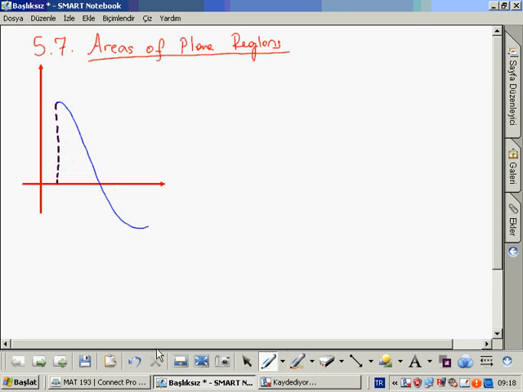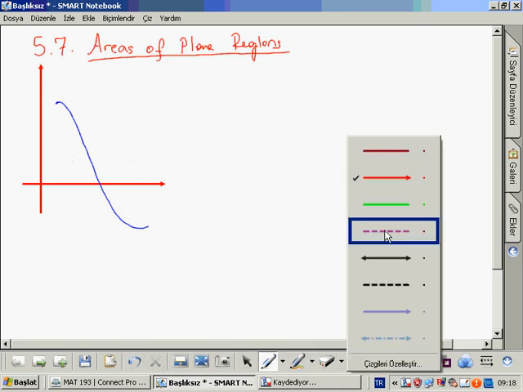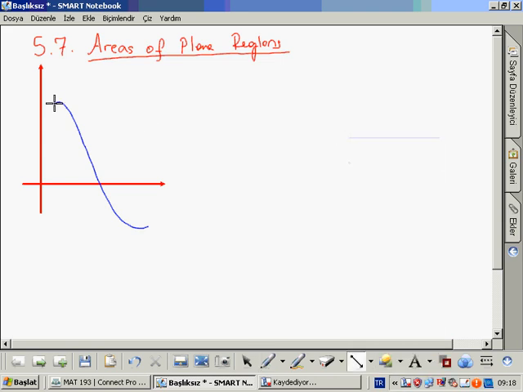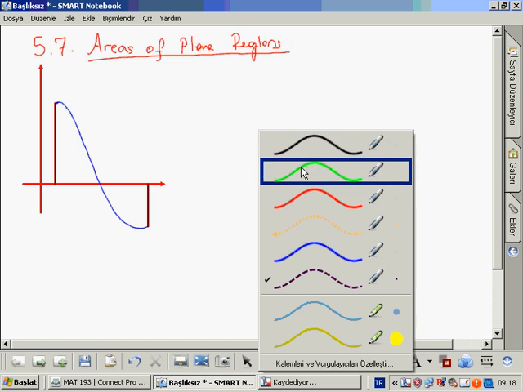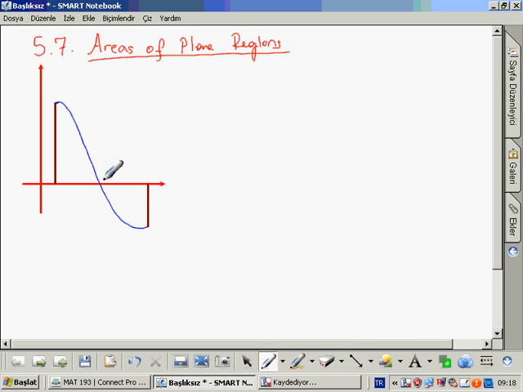I'm sorry, let me correct this point. Taking the reflection symmetric to the x-axis, we can obtain these green dotted curves.